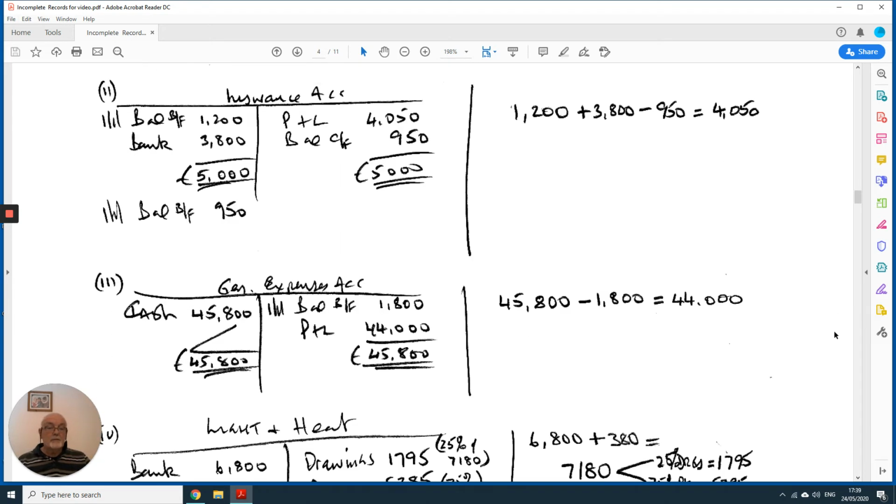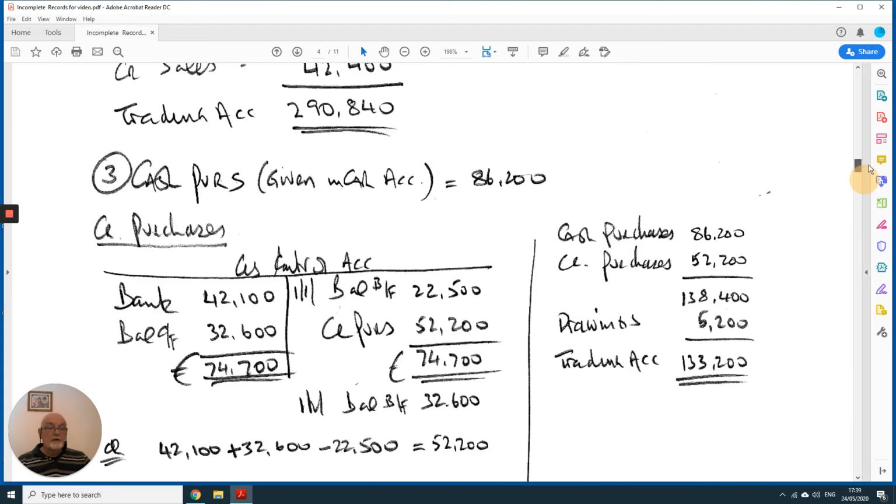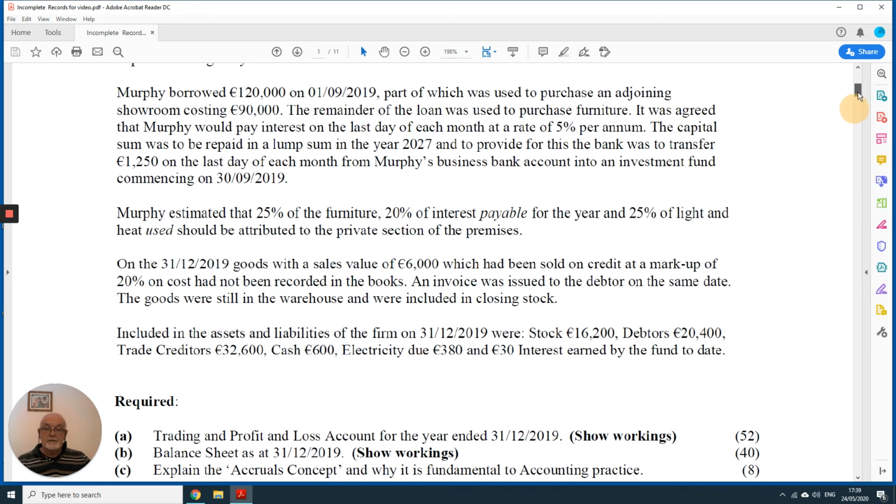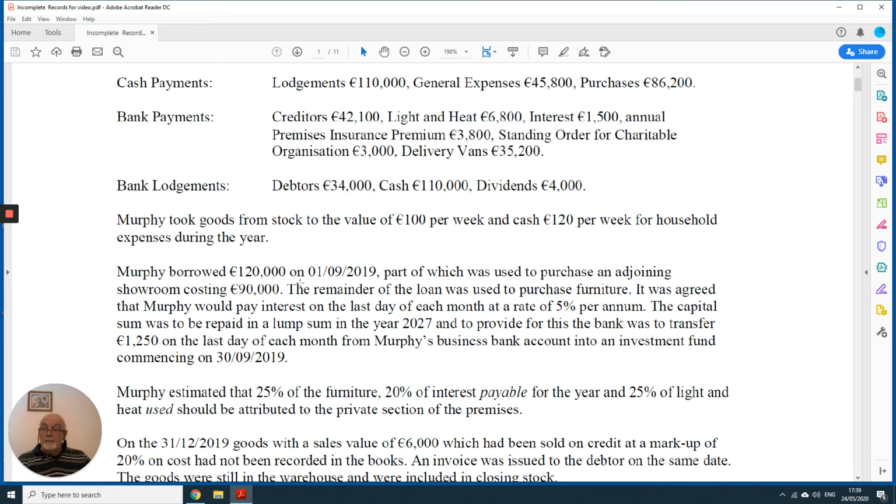And lastly then, we'll have a look at light and heat. Our question tells us that 25% of the light and heat used should be charged to the owner for drawings. It's attributable to the private section of the premises. One of the payments here in our bank account is for light and heat, 6,800.